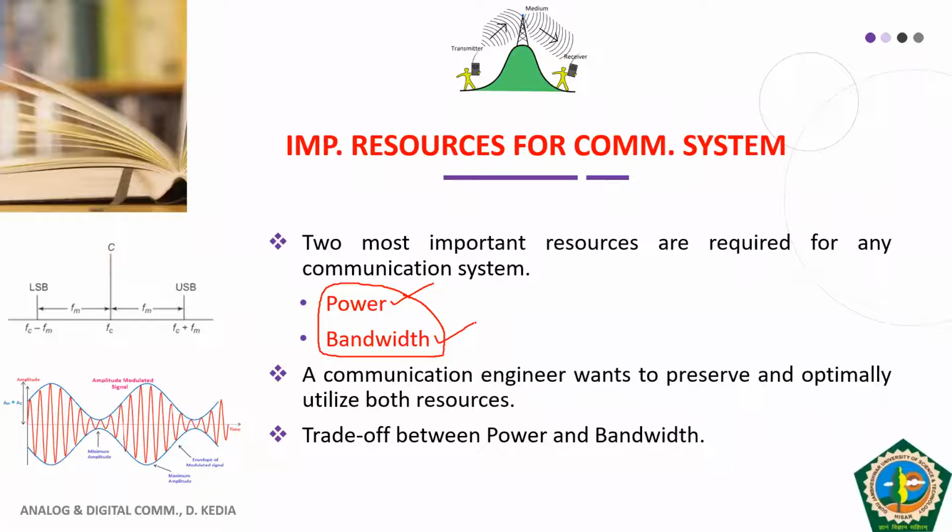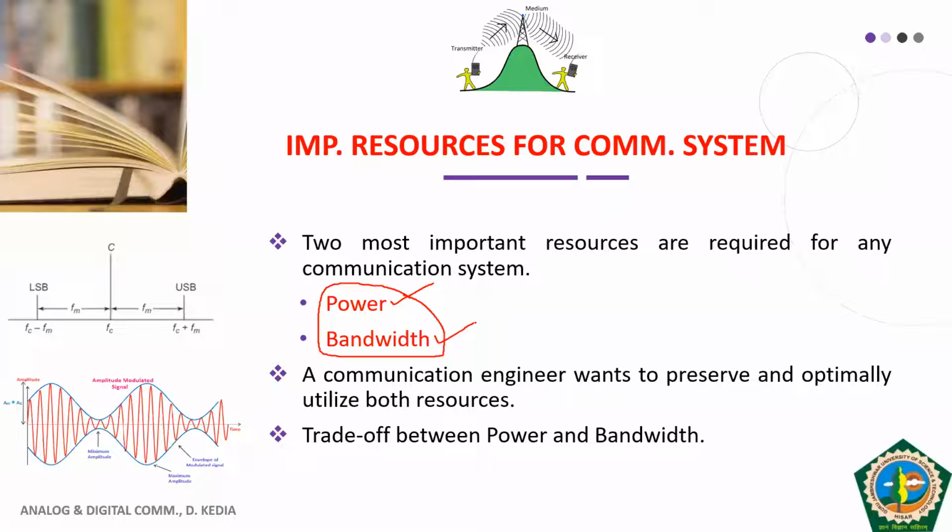If we do not have money, we cannot think of even going to the market. So first we keep money with us, and then we go shopping. Similarly, if you want to design or implement any communication system, we must have power and bandwidth in our pocket. If we do not, we cannot think of communication.